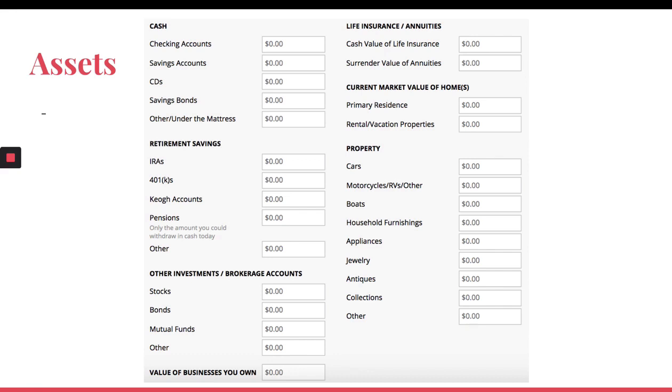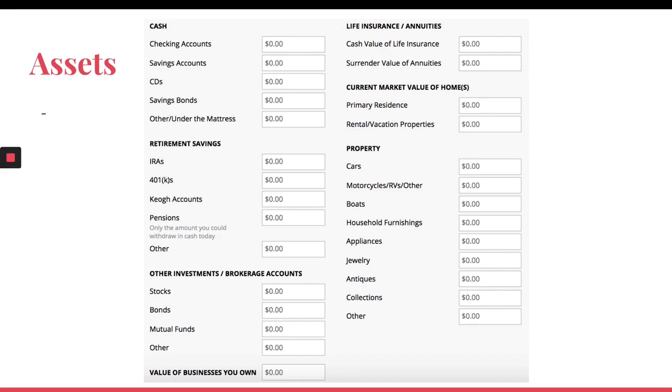And what the market does is how much money you're going to accumulate off of interest, right? So I love mutual funds, particularly index funds. And then we have other. And then we also have the value of businesses you own, right? So that's another investment if you own a business.